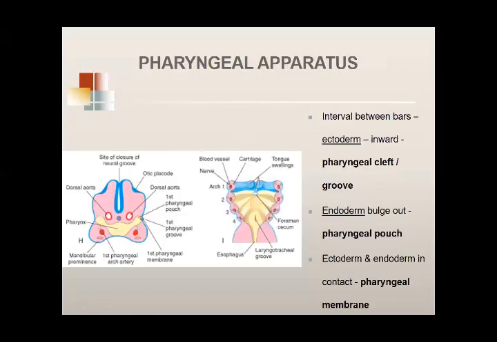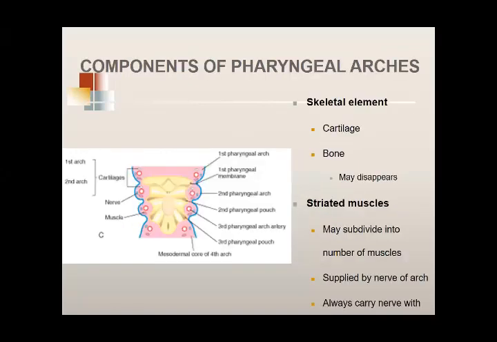Okay, look, let's use this bigger diagram. This is the inside of the pharynx. Okay? And I told you the inside of the pharynx is lined by endoderm. Because the pharynx is the cranial-most part of the foregut.